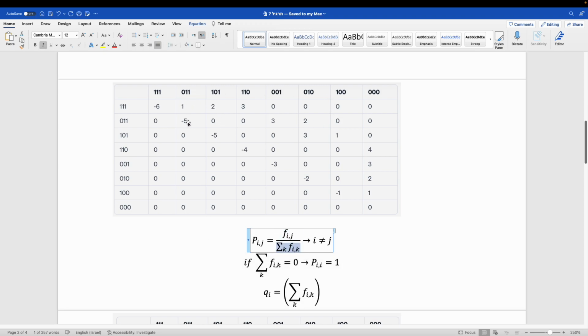Meaning here, let's say the probability to move from 1, 1, 1 to 0, 1, 1 will be 1 divided by 1 plus 2 plus 3, meaning 1 divided by 6. Remember that the items on the diagonal we do not consider in this summation, because this will be 0.